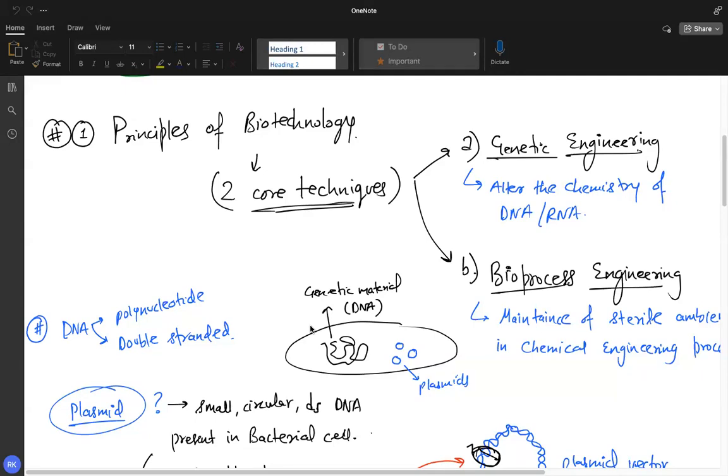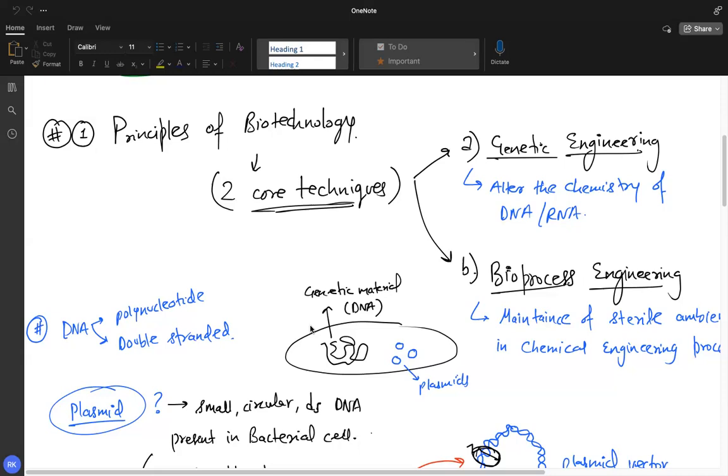But apart from that, a whole lot of biotechnology depends on the process and developing the process itself. For example, for IVF, you have to take an ovum and a sperm from the female and the male donor and then make it fertilize in sterile condition in the laboratory.